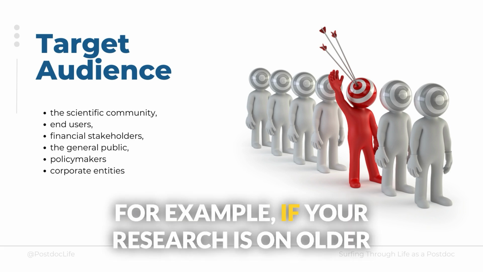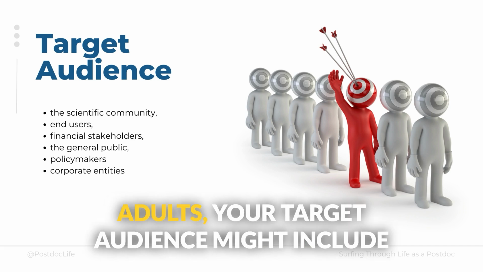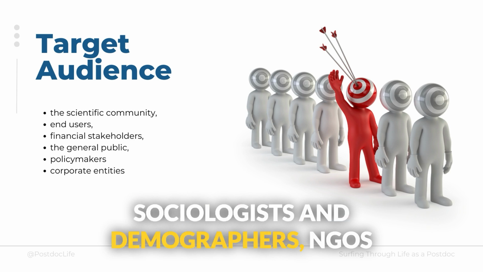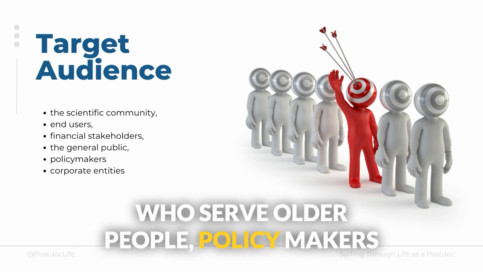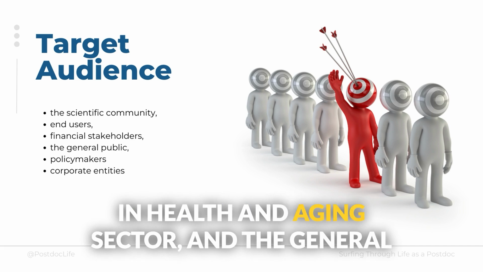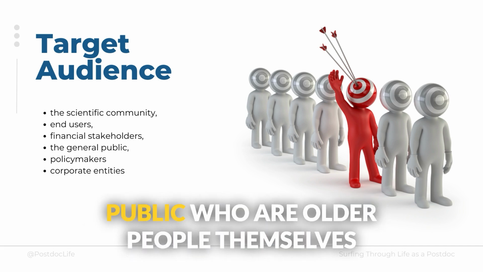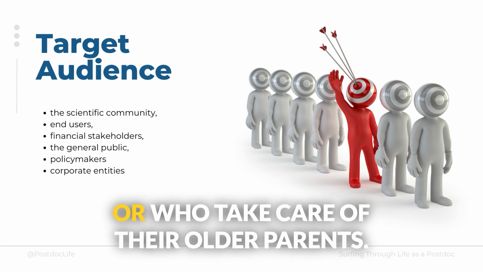For example, if your research is on older adults, your target audience might include sociologists and demographers, NGOs who work with older populations, companies who serve older people, policymakers in the health and aging sector, and the general public who are older people themselves or who take care of their older parents.